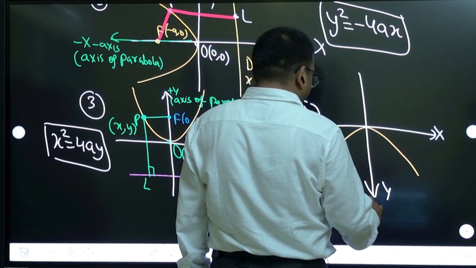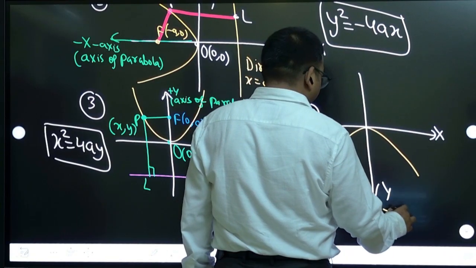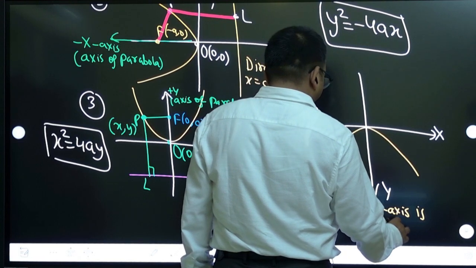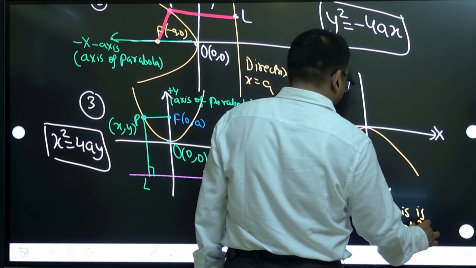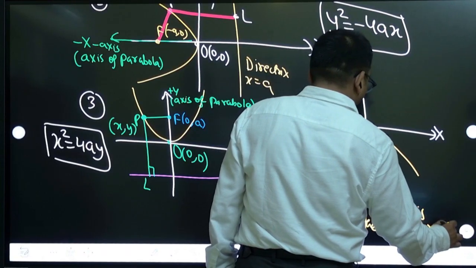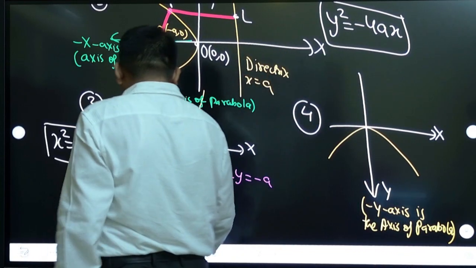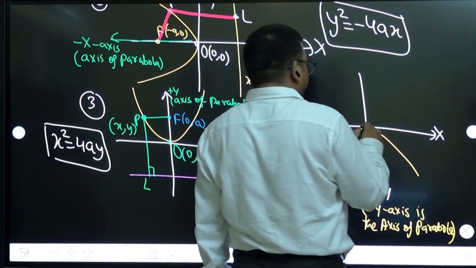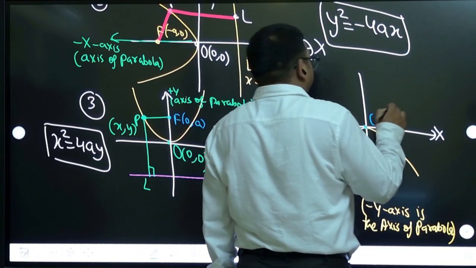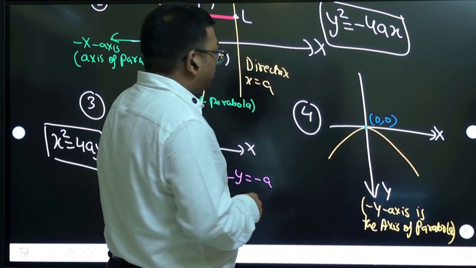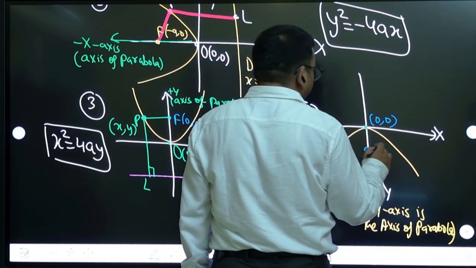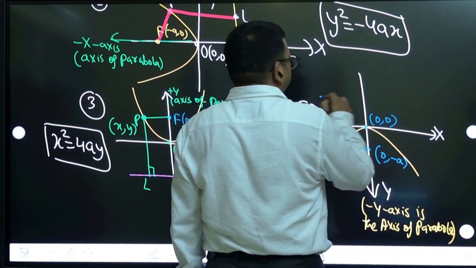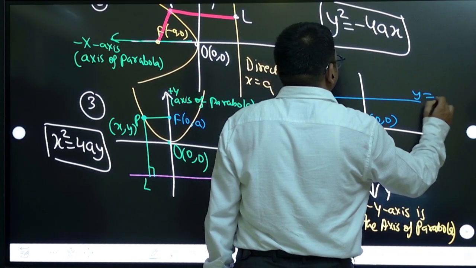So here negative y-axis is the axis of the parabola. This point is 0 comma 0. Then where is the focus? Focus is here, 0 comma minus a. This is the focus and the directrix is this, y is equal to a.